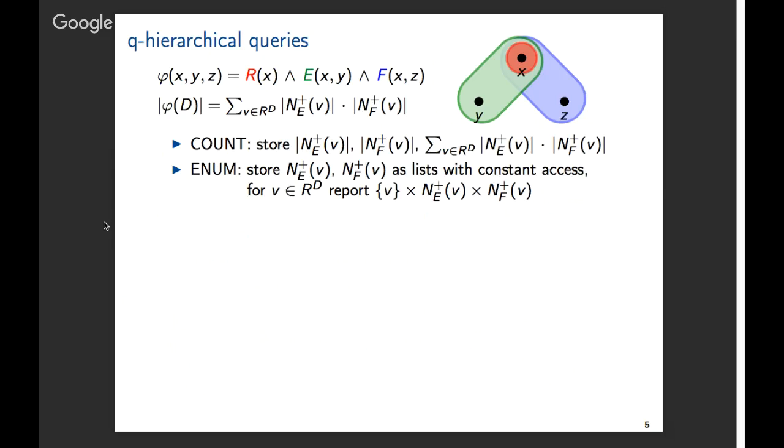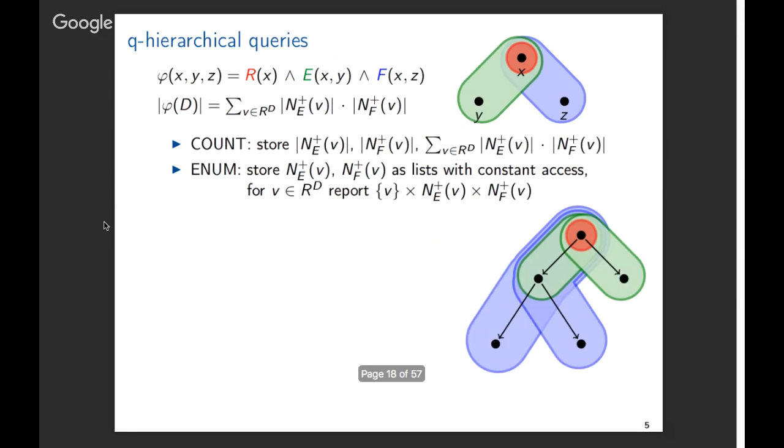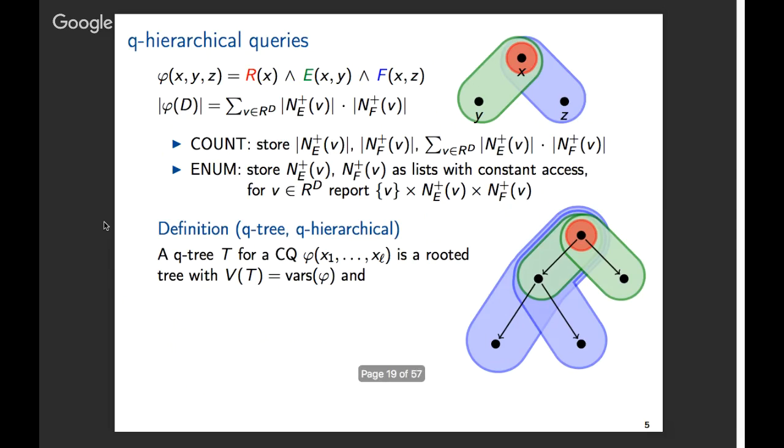This gives us an enumeration with constant delay, and this can also be updated in constant time, assuming we have constant access to the relations. This idea generalizes to queries where the query graph looks like this, and this gives us directly the definition of Q-hierarchical queries.